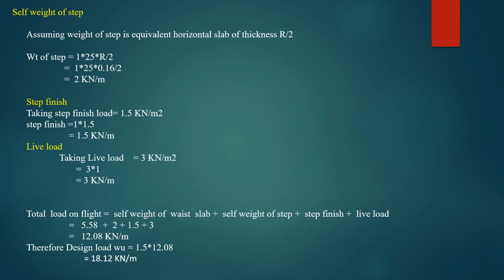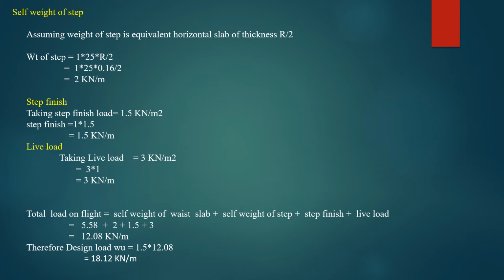So the total load coming on the flight is going to be the self weight of the base slab plus self weight of the step plus self weight of the step finish plus the live load coming on the flight. So self weight of the base slab is 5.58 plus self weight of the step is 2, self weight of step finish is 1.5 and live load is 3.